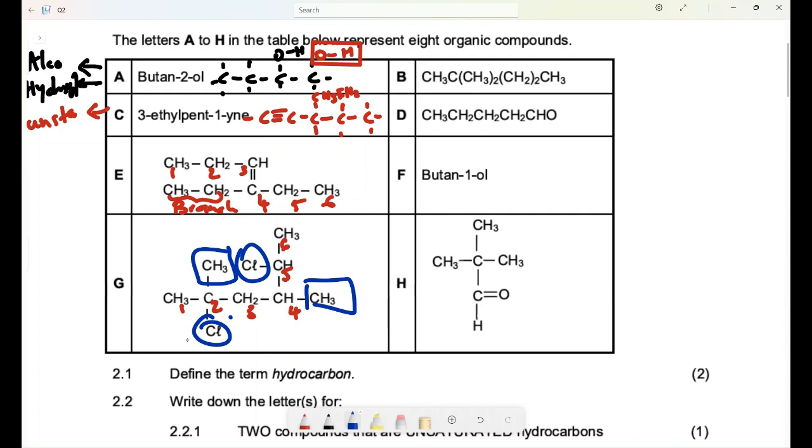Let's say if you tried to prioritize Cl. When you prioritize Cl from here, can you see that it is carbon number 2? Similarly, when you prioritize Cl from this one, if you count 1, 2 from here, can you see that it is still on carbon number 2 also? So now it means the deciding factor becomes what? CH3. So CH3 is in carbon number 2 from here and carbon number 3 from here.